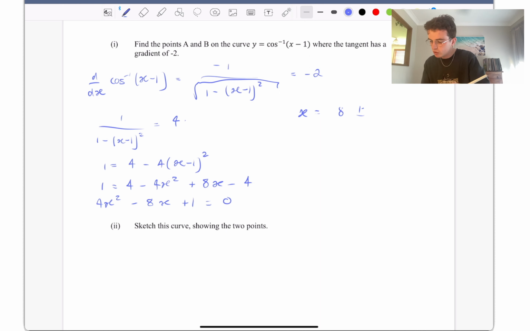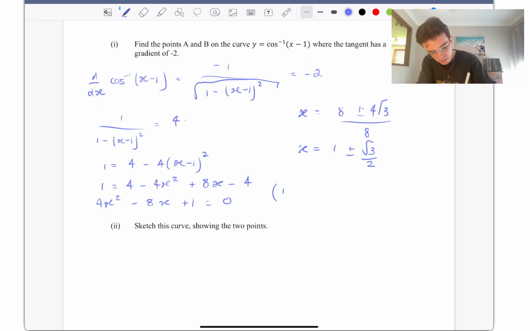Plus or minus the square root of 48, which is 4 root 3, over 2 times 4, which is 8. So x is going to be 1 plus or minus root 3 on 2.